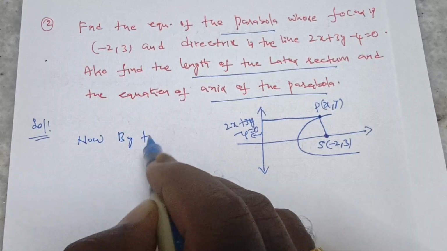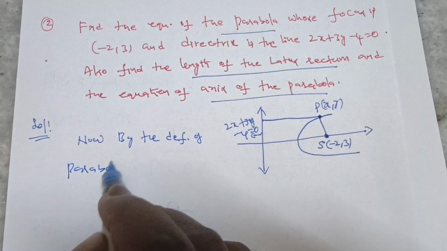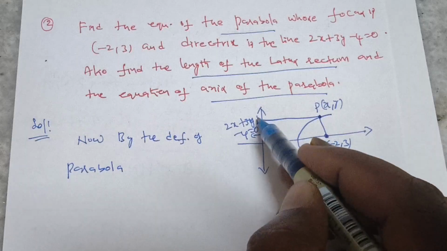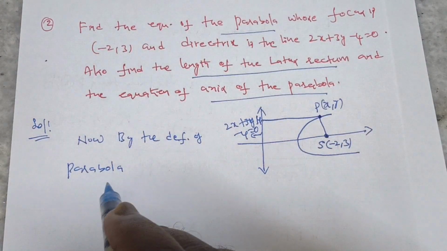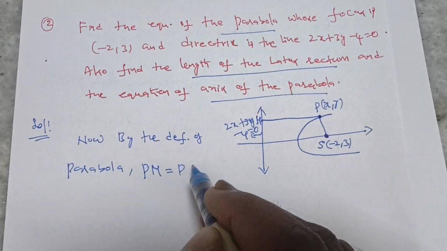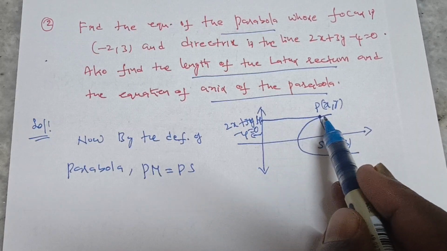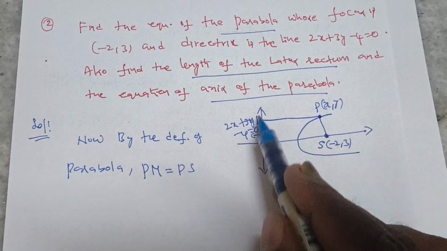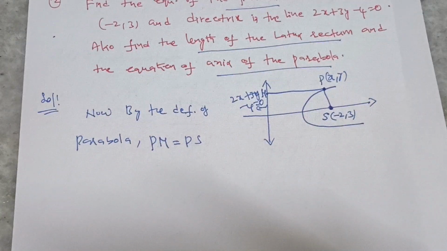Now by the definition of the parabola, we assume the point of contact here is M. We have PM equals PS. Here PM is the perpendicular distance from the point P(x, y) to the directrix 2x + 3y - 4 = 0.